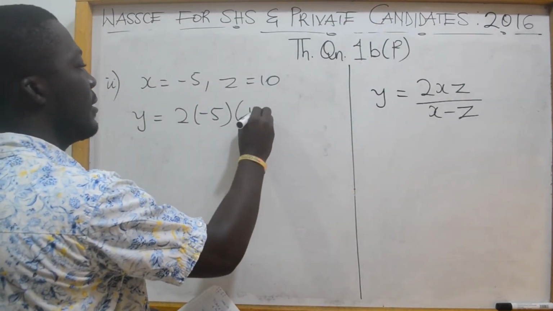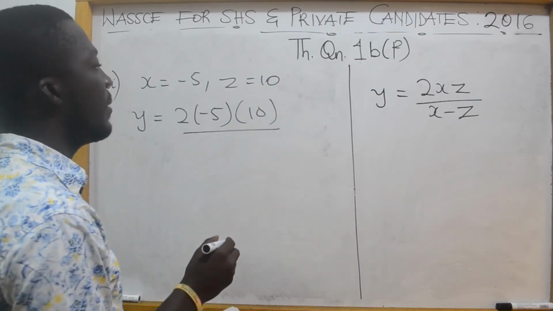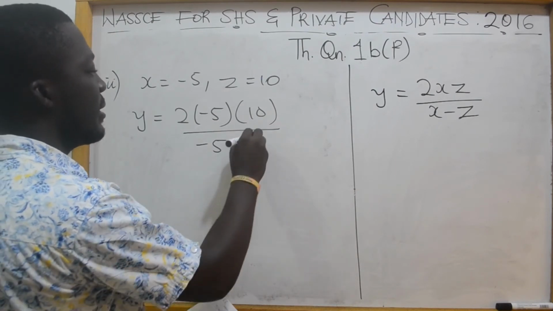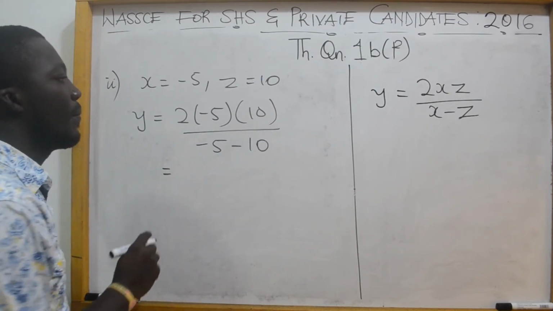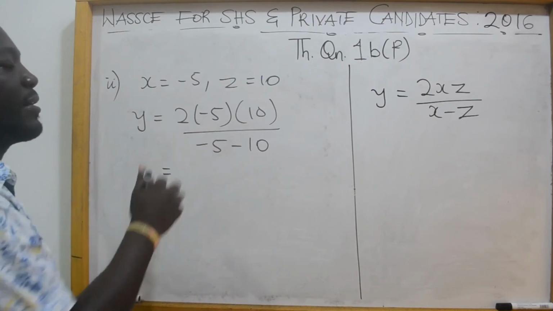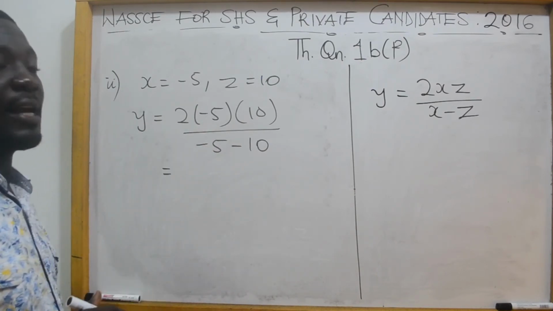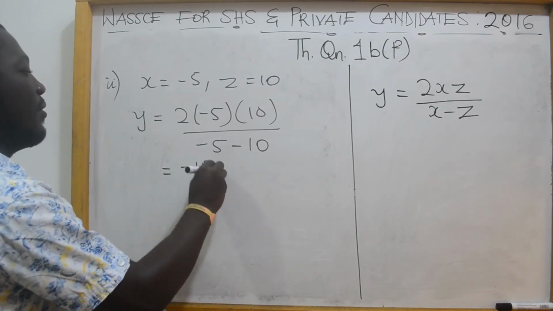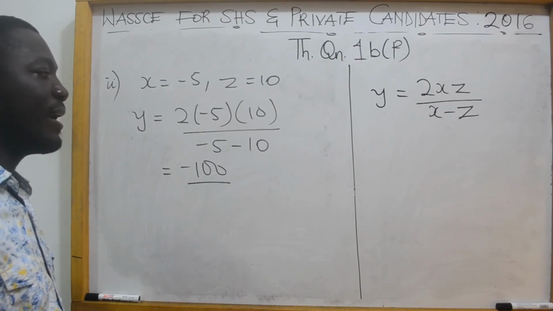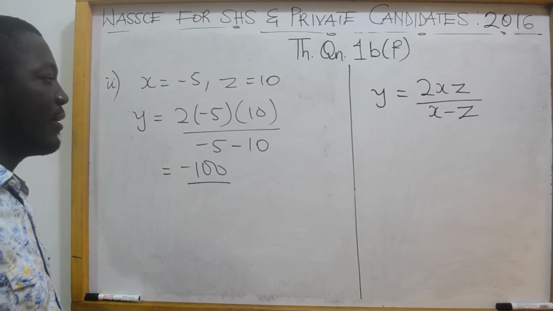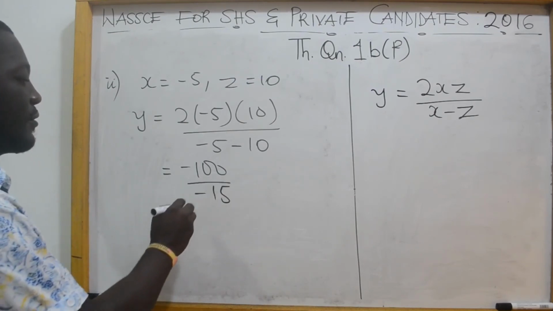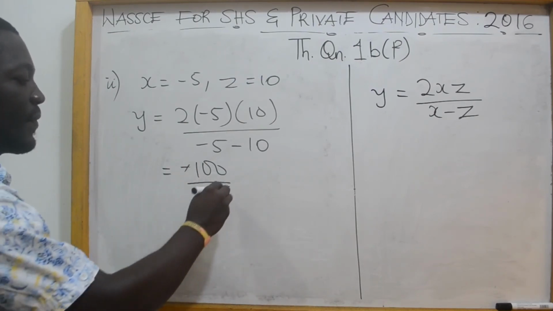Then z is 10 divided by x is again negative 5 minus z is 10. So 2 times negative 5 is negative 10 times 10 is negative 100 divided by negative 5 minus 10 will give us negative 15. Of course, this will cancel that.